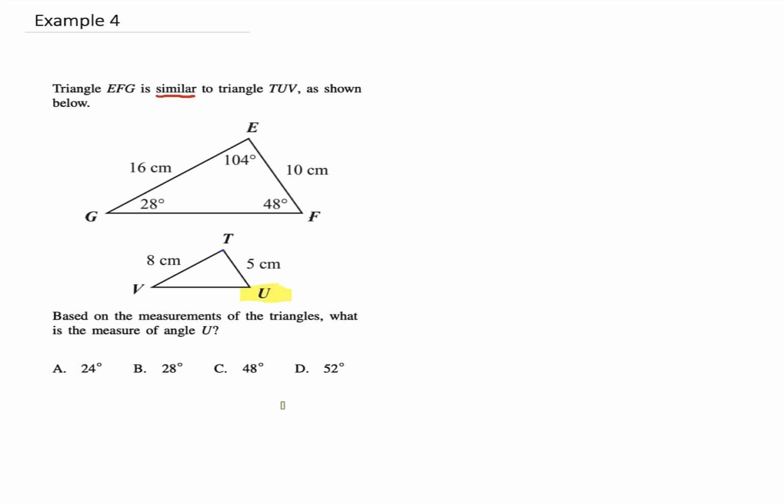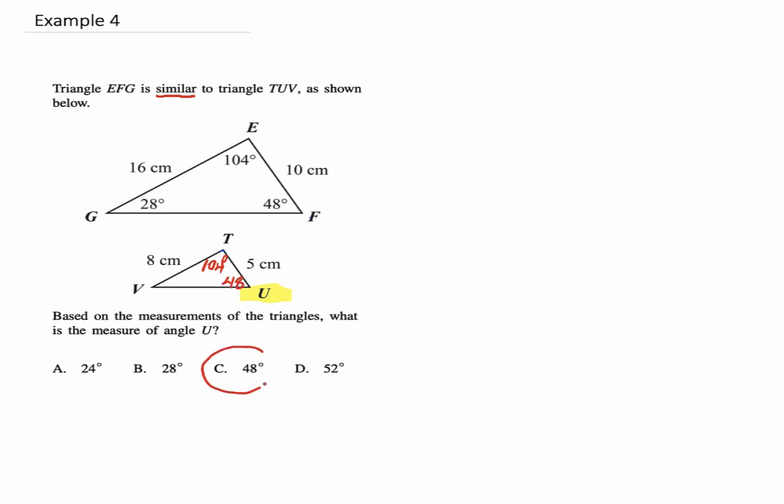What is U? Now we know that when triangles are similar, the corresponding angles are equal, which means E is 104 degrees, which means T is 104 degrees. F is here and it's 48, which means U here must be 48.